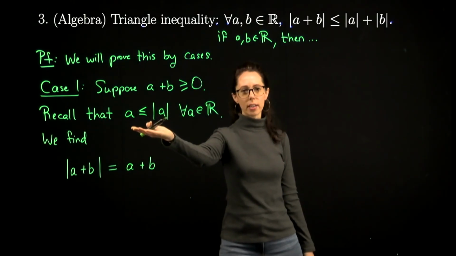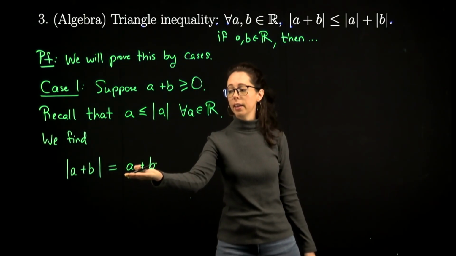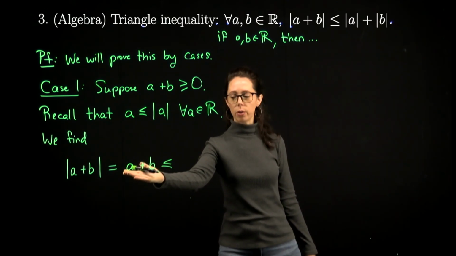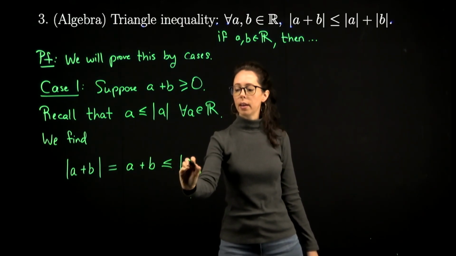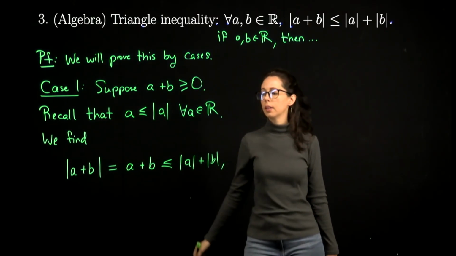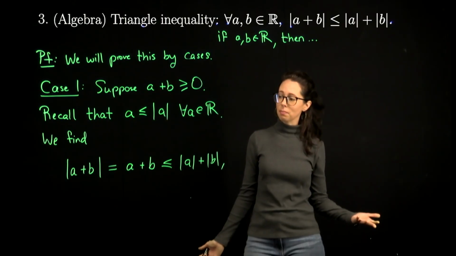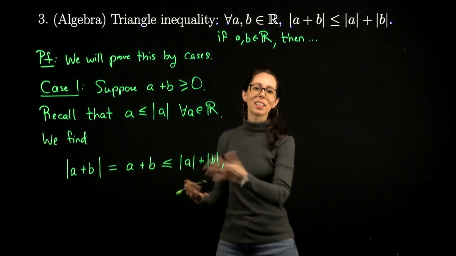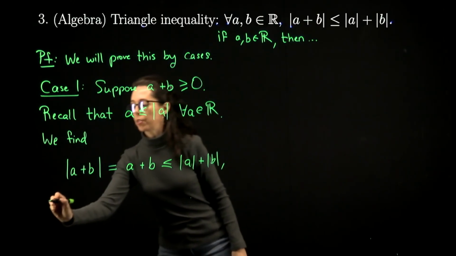And now, because I just stated this fact, I'm going to immediately say that A plus B is less than or equal to the absolute value of A plus the absolute value of B. I'm making both, if anything, larger. And that's it. So now we have the left-hand side is less than or equal to the right-hand side. So we've shown it for case 1. I'm just going to write as desired.